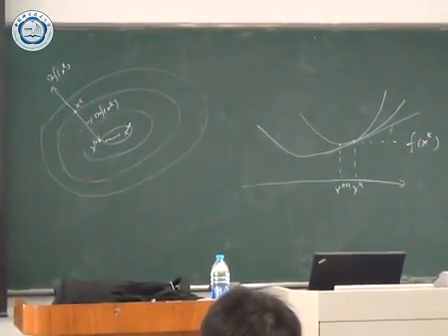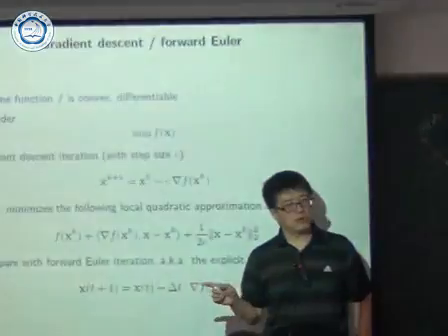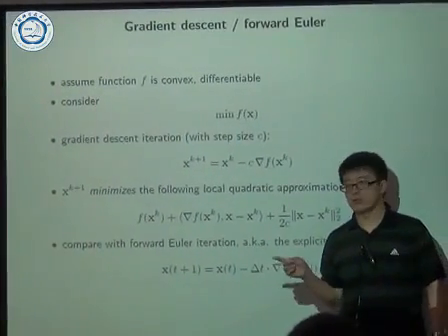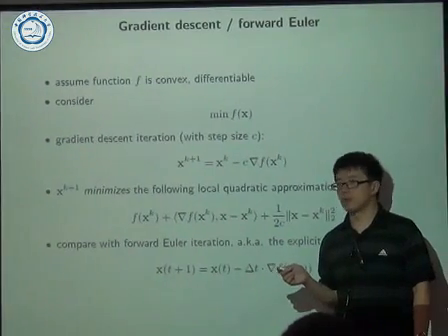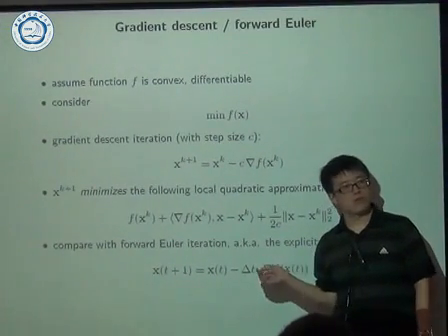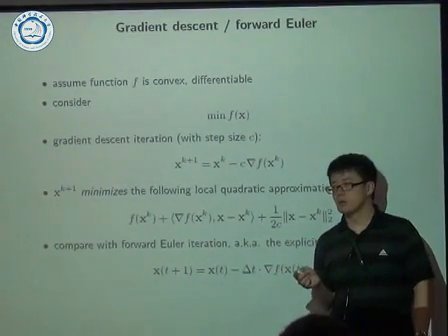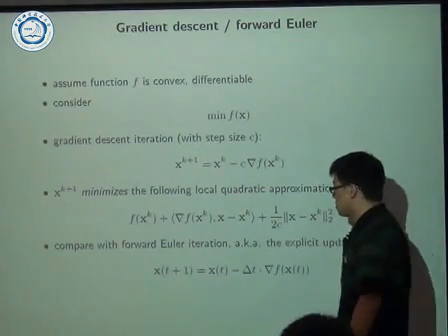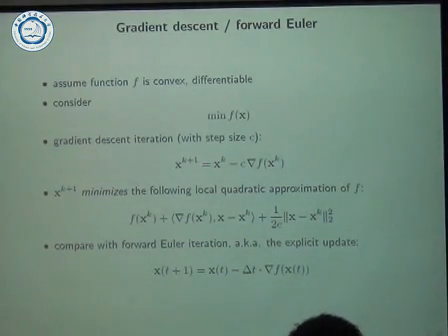This is very similar to, if you're from the math department and learned numerical analysis, you should have done some PDEs. This is similar to the forward Euler iteration, also called the explicit update of an ODE.